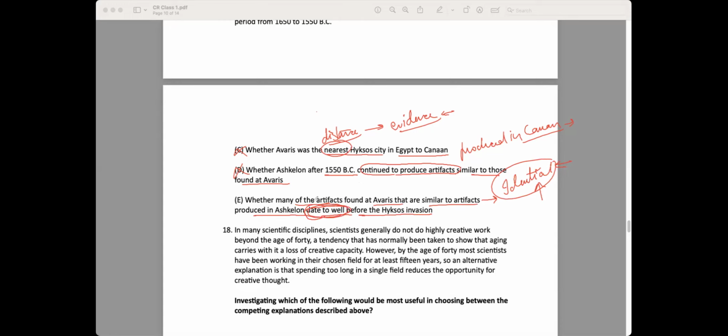If they were available well before the invasion, that means they were already present when the Hyksos came from Canaan. So already present means it's possible that Hyksos might not have brought them.